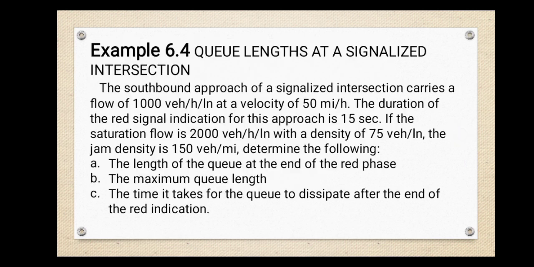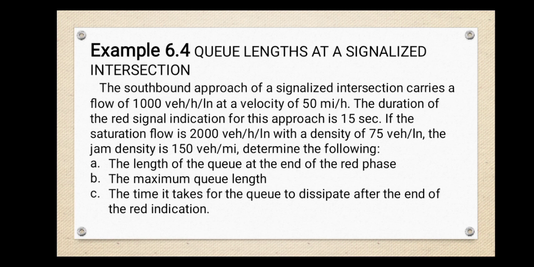So in our example 6.4, the Q length at a signalized intersection. The southbound approach of a signalized intersection carries a flow of 1,000 vehicles per hour at a velocity of 50 miles per hour. The duration of the red signal indication for this approach is 15 seconds.